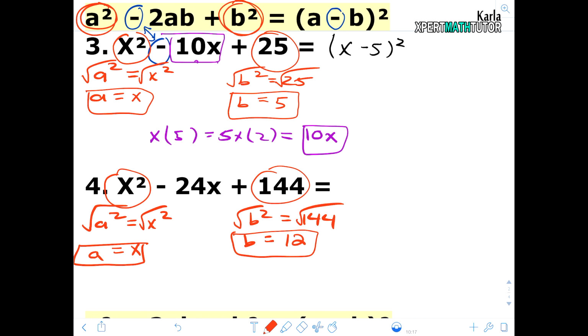Okay, so we have a and b. We can multiply them together now. So a is x, so x times b, which is 12, is 12x. Now let's double that by multiplying by 2. 12x times 2 is 24x.